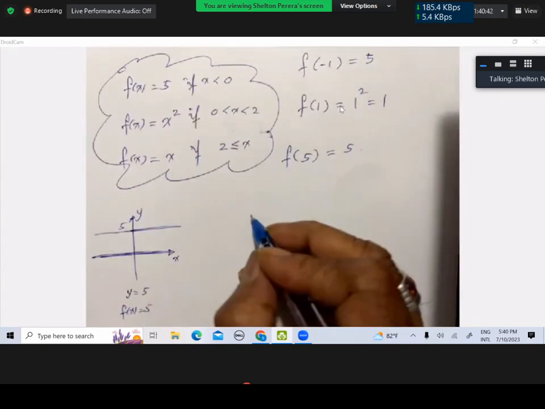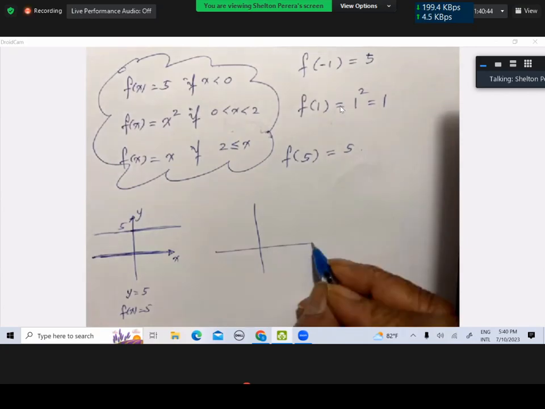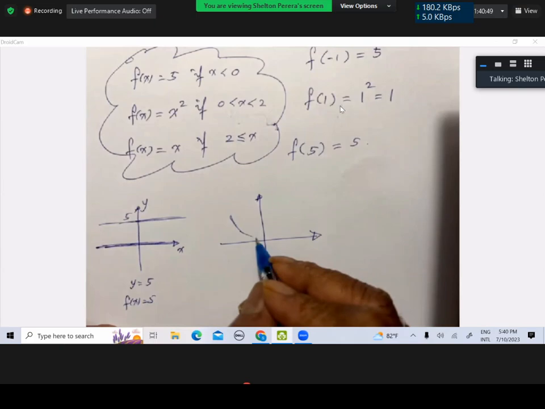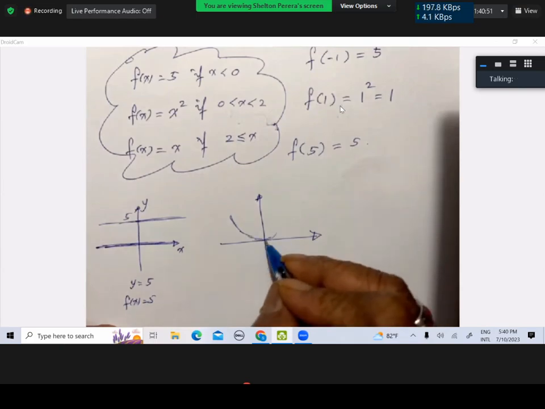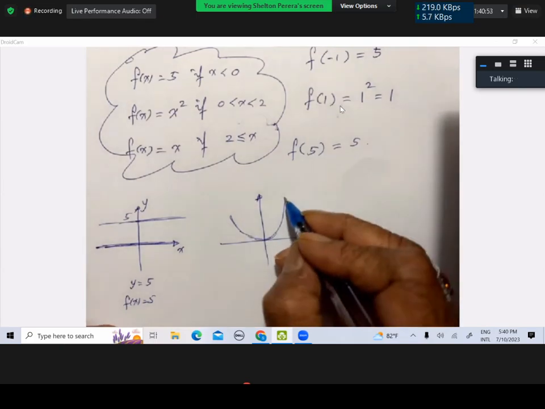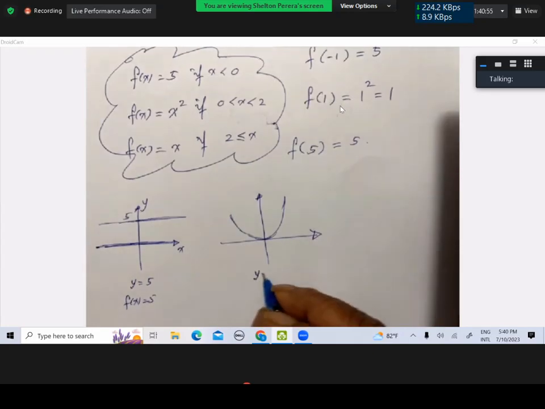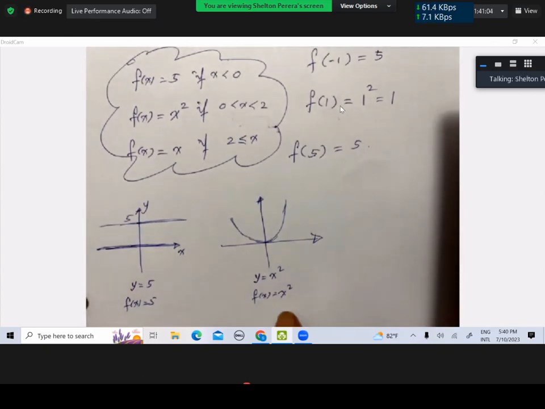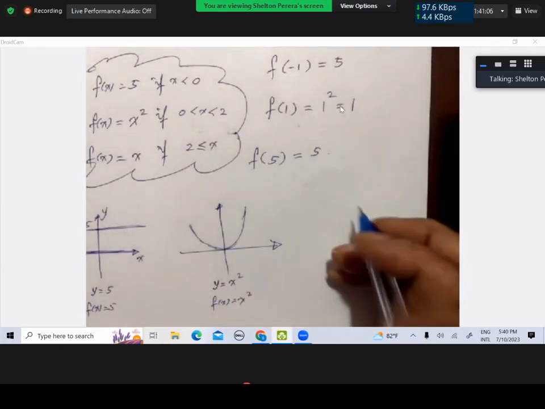Then draw f of x equals x squared. Parabola. Y equals x squared, or f of x equals x squared. Same as that.